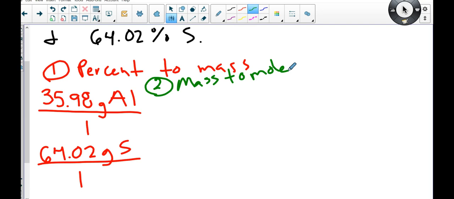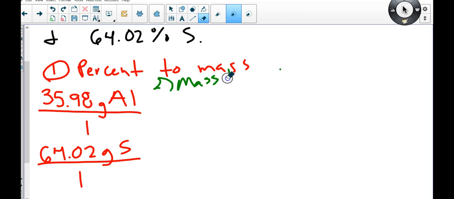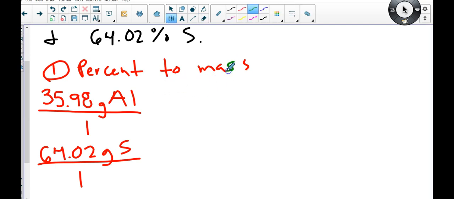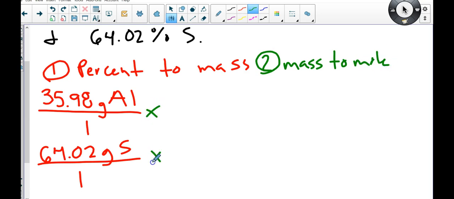Go ahead and do it. I'm going to rewrite this up here. Okay, so you're converting both of these to moles right now.